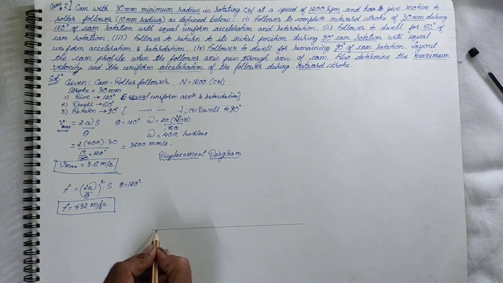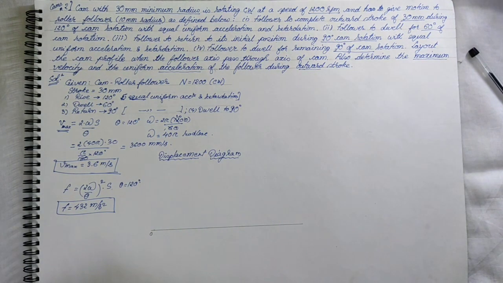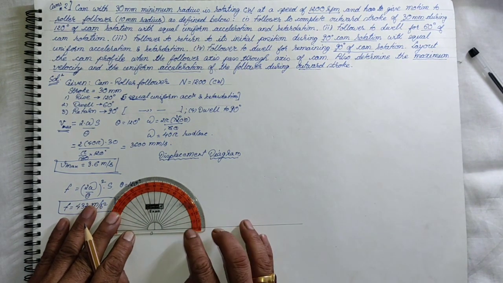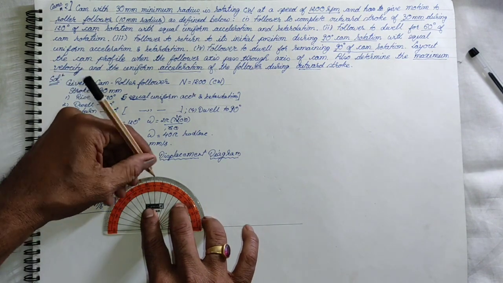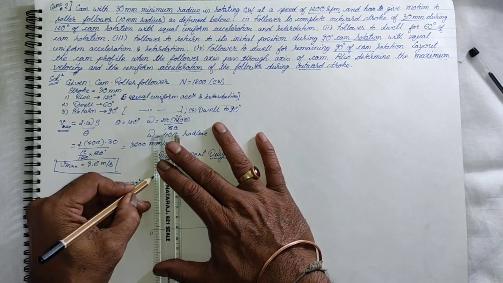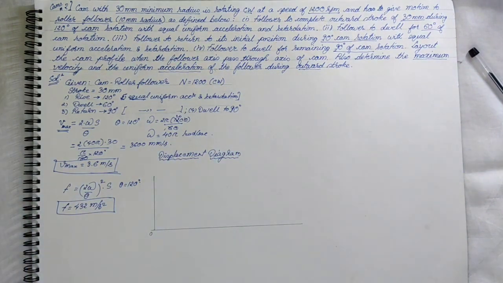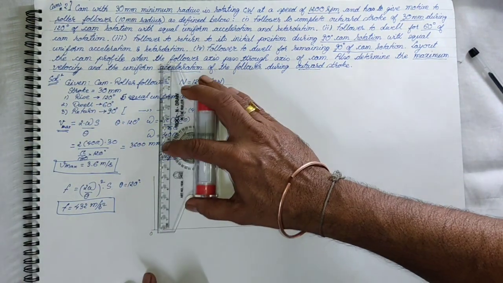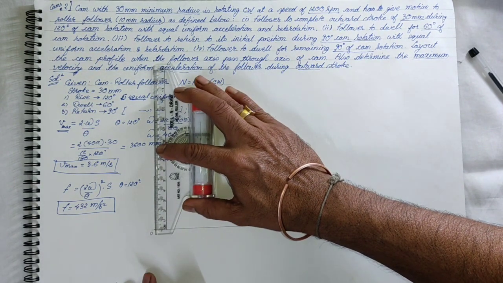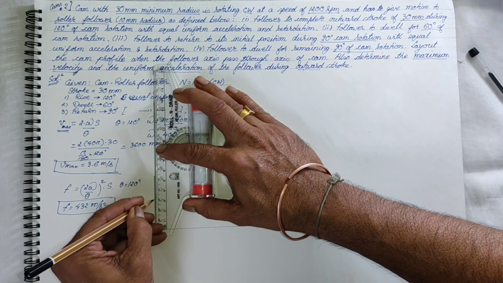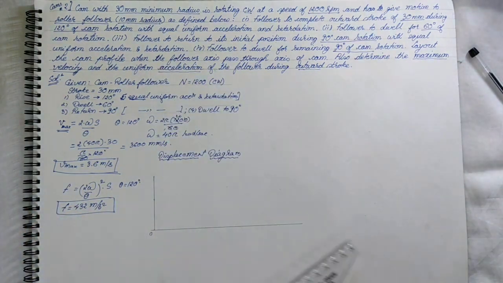So I mark one point here, name this as 0, and the vertical line will represent the stroke. So this is the stroke or the displacement. Now the stroke is of 30 millimeters, so we measure 30 millimeters. Right, so this is the stroke.